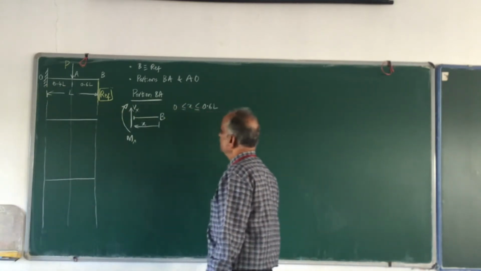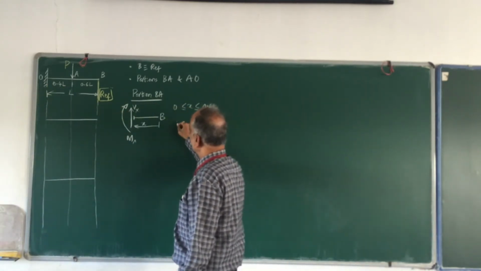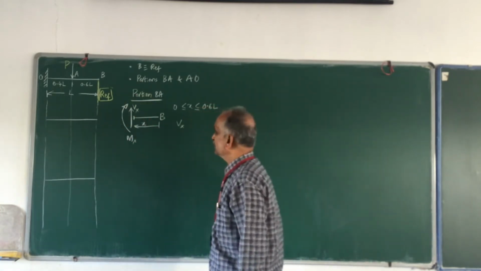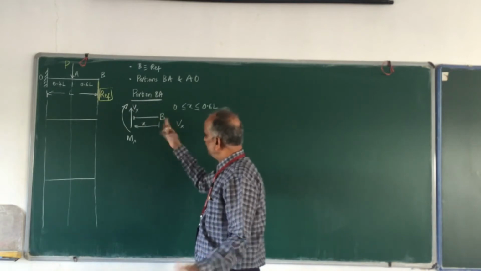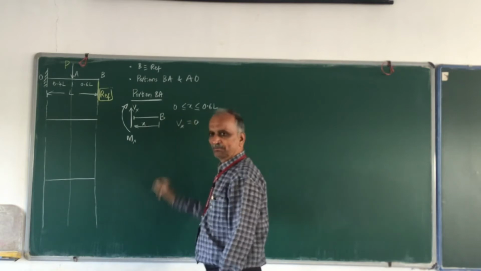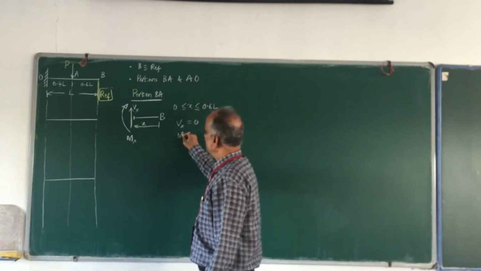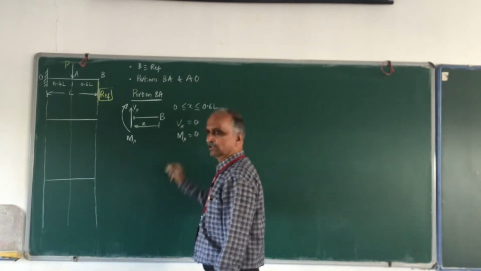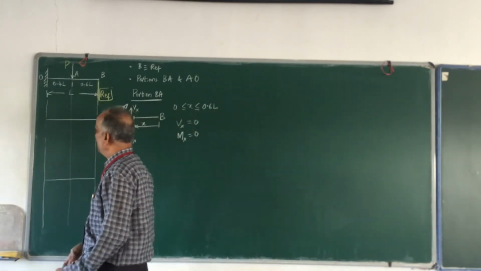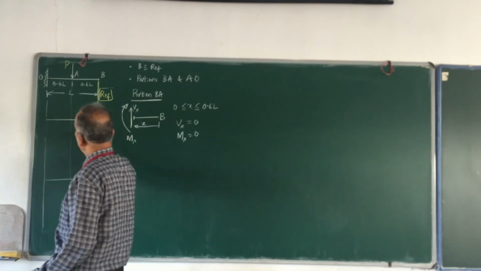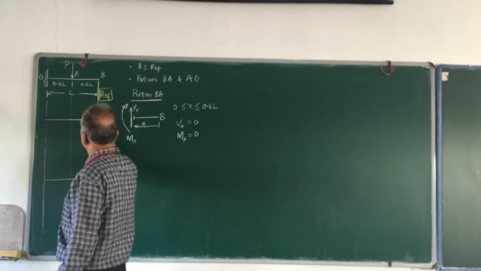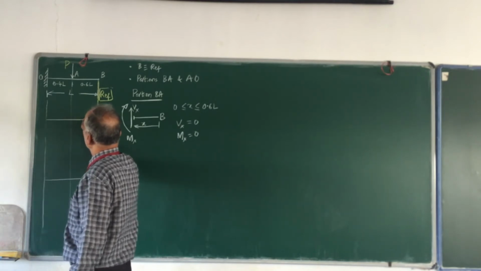Now find out Vx. Apply the equilibrium conditions, and I don't have anything else, so Vx is equal to 0, and the same is true for Mx equal to 0. That means the portion BA, as it is not having any load, the shear force is 0 throughout this length.